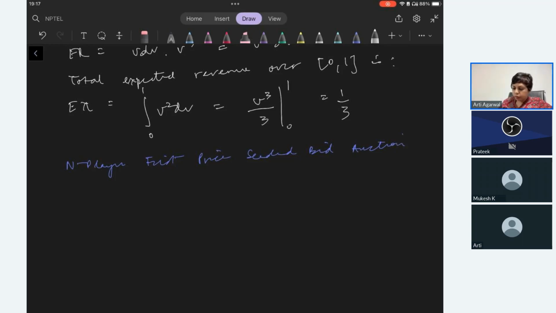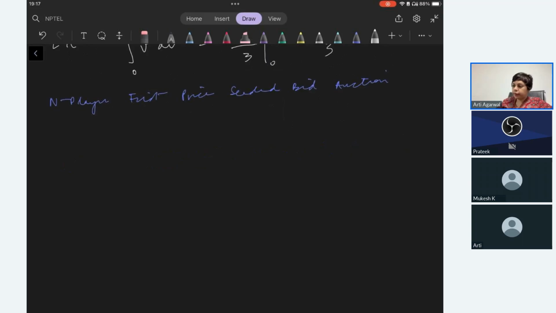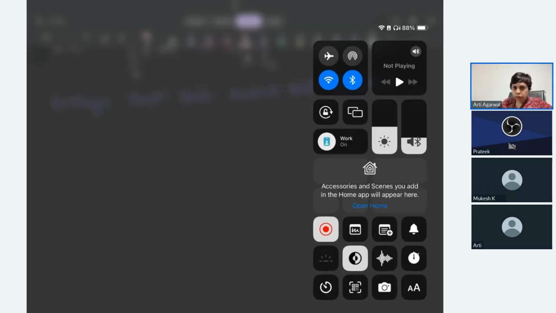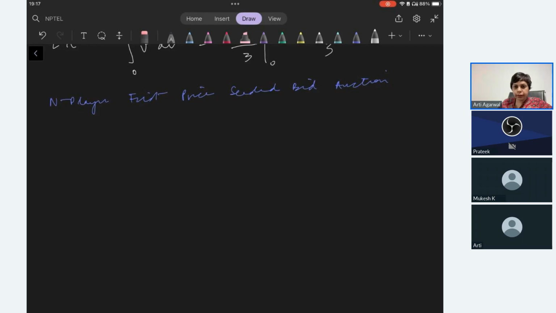I'm not discussing anything particularly new here, but just to introduce you to the rationale of n-player games and how you can deal with it. So my screen is visible, right? Yes, it is visible. Okay, yeah, I think my own laptop screen visibility is low.